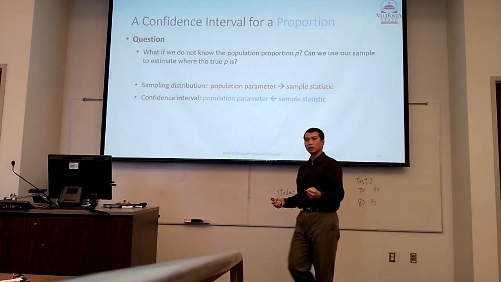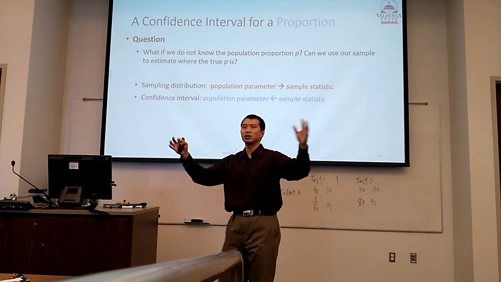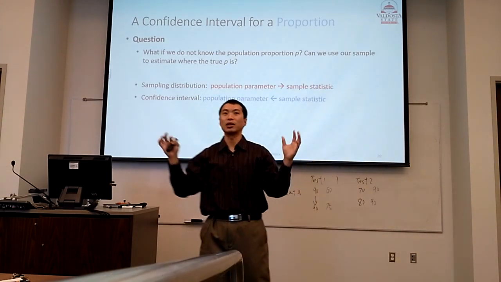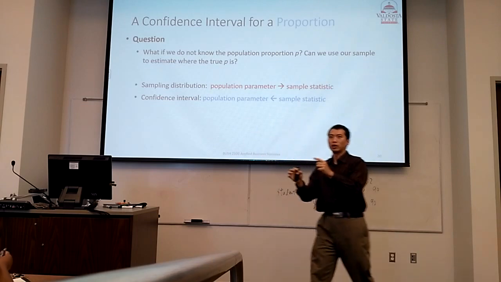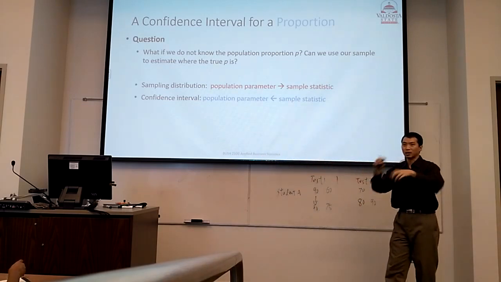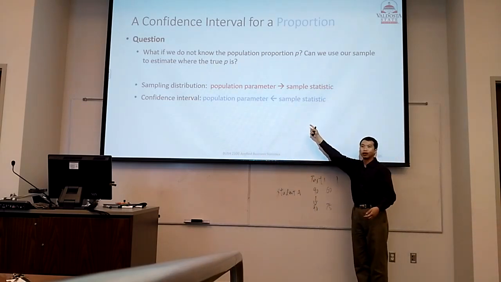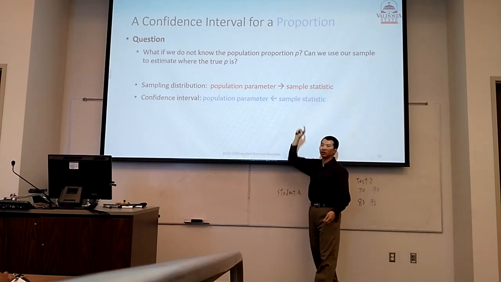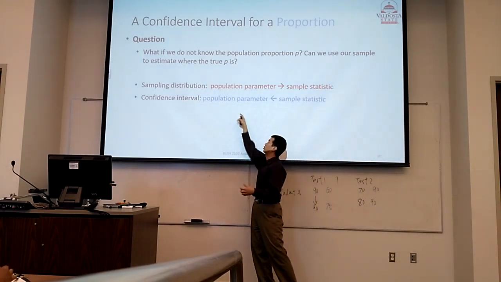They cannot access the whole population, so the only thing they can do is collect samples, calculate the sample statistic, and use it to try to estimate the population parameter.